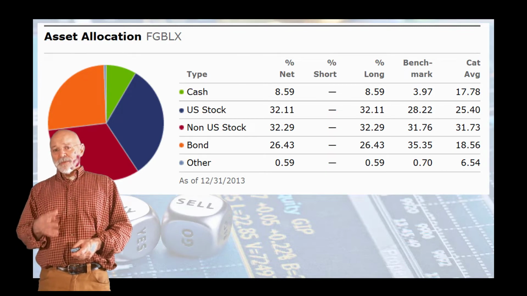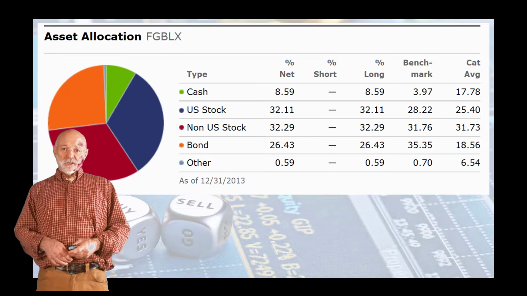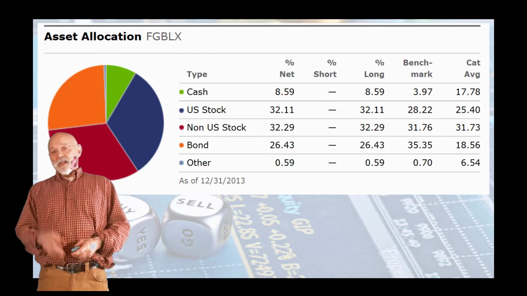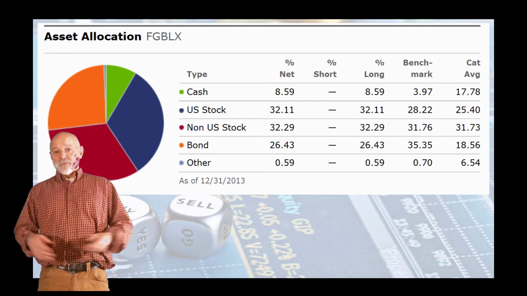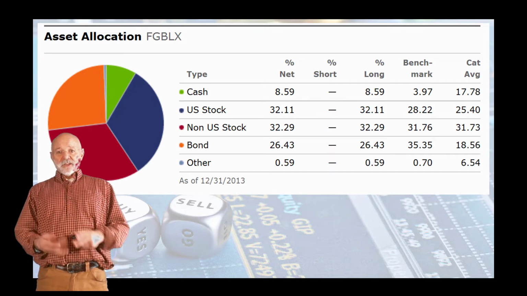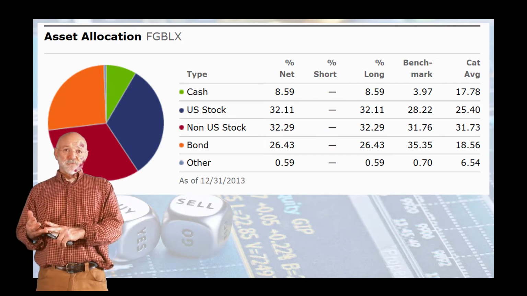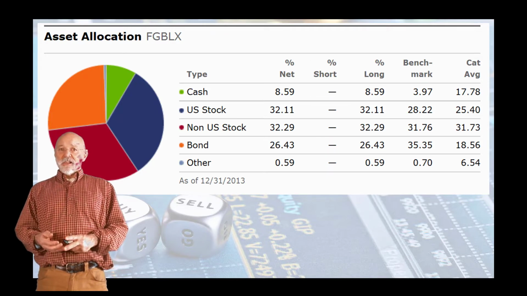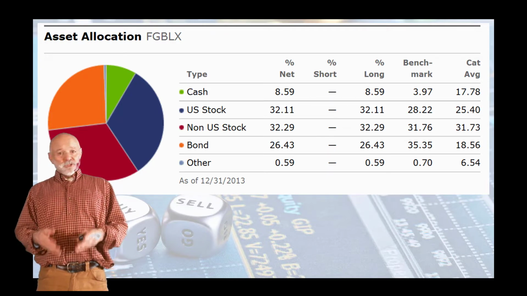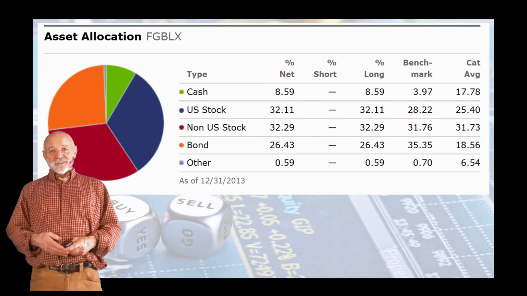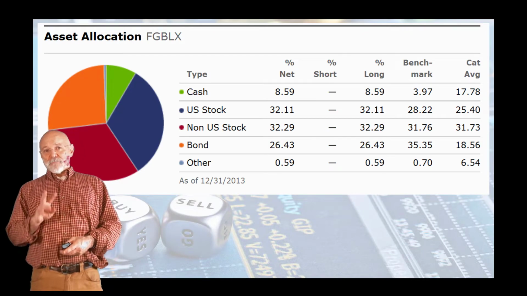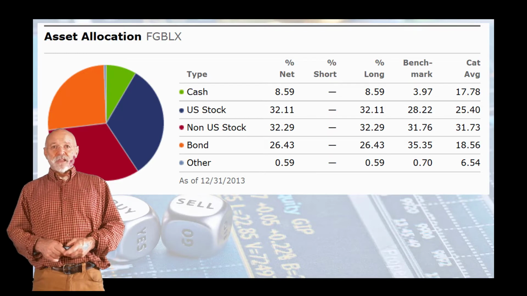In fact, they may be constrained to only hold long positions. You'll see there's a column called benchmark. That's what Morningstar expects out of a global balanced portfolio, whether it's Fidelity's or anyone else. And we can see that the category, which includes a number of other mutual funds, has also got these kind of investments. But here we see something interesting.